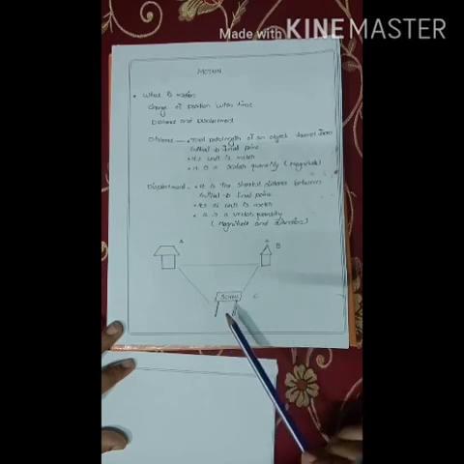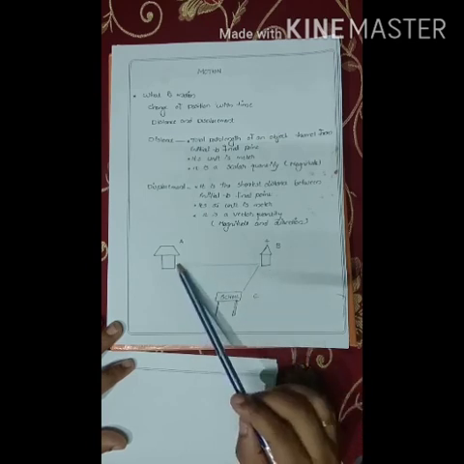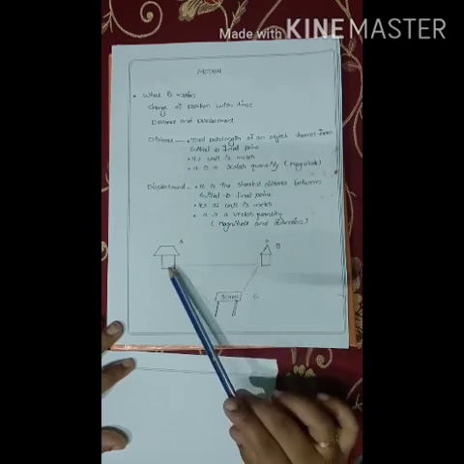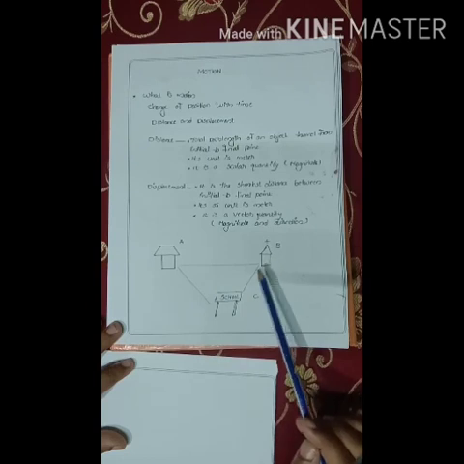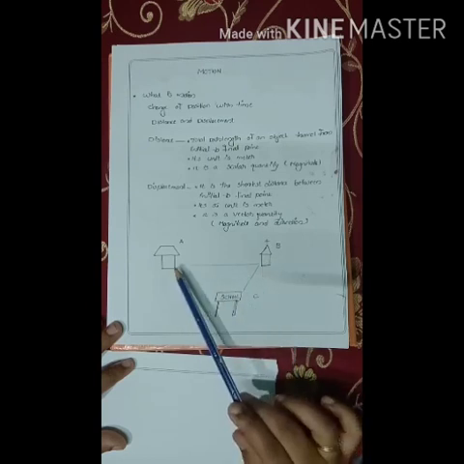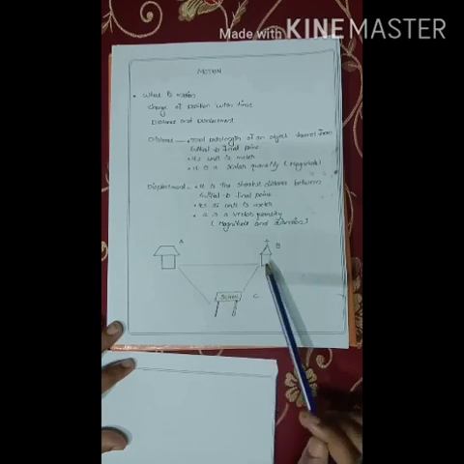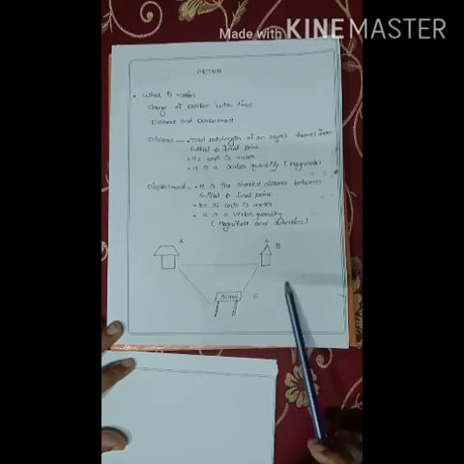First one is distance. Distance means total distance traveled from house to church, then church to school. Distance from house to church equals AB. Distance from church to school equals BC. So total distance equals AB plus BC.